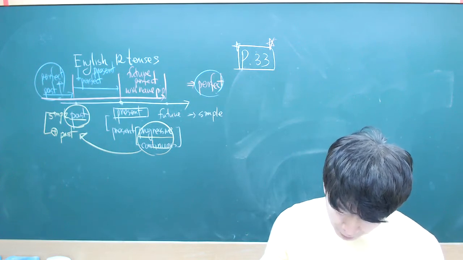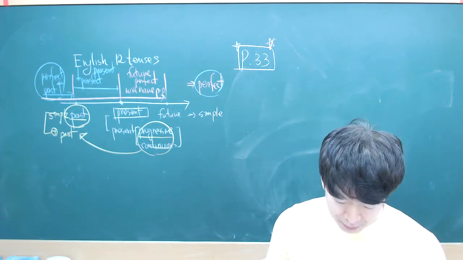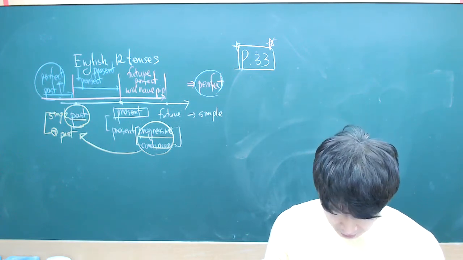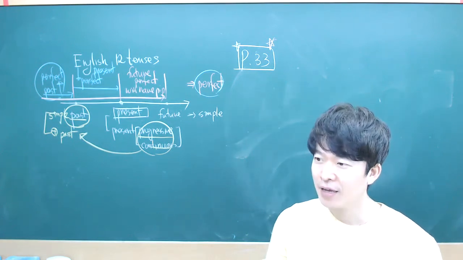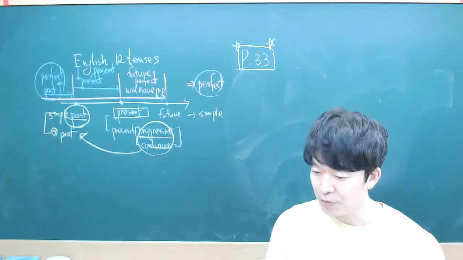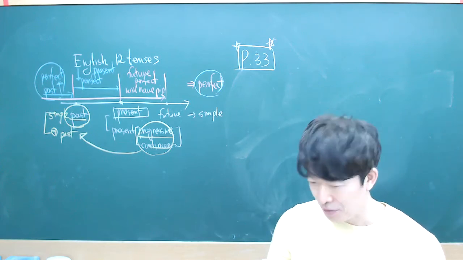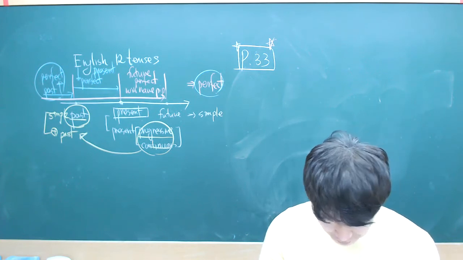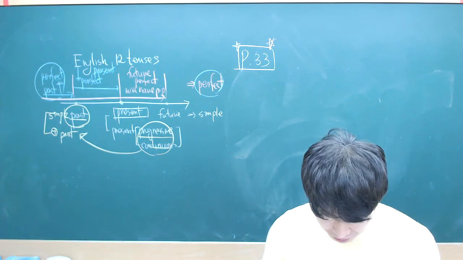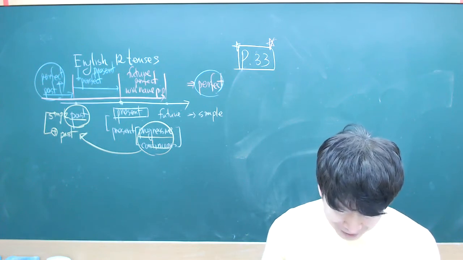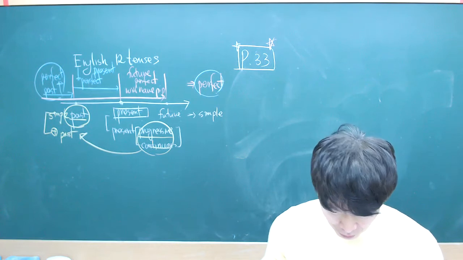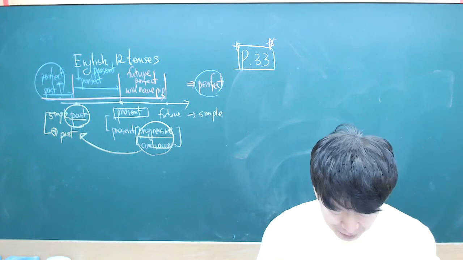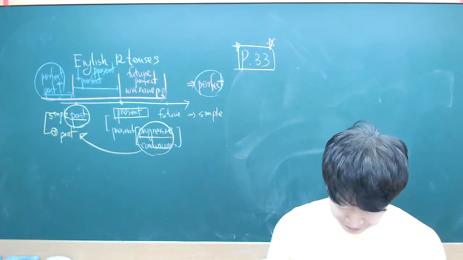Awake, awoke, awoken. Be, was, were, been. Beat, beat, beaten. Bite, bit, bitten. Lie, lay, lain. Drive, drove, driven. Give, gave, given. Okay, so if you find any word you are not good at transforming into simple past or past participle, you can highlight it, and then you have to make yourself very familiar with those words.